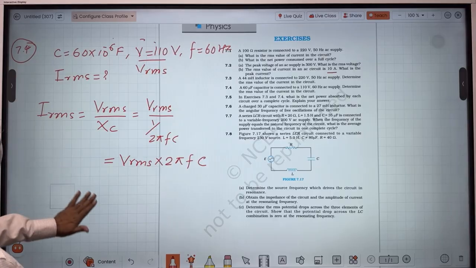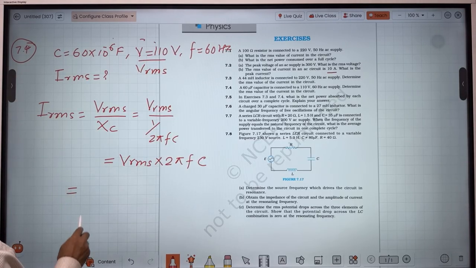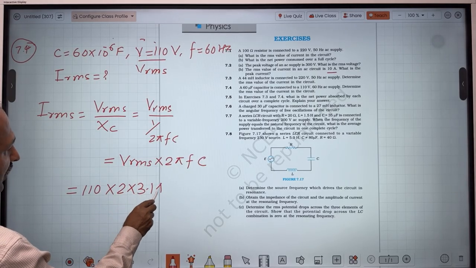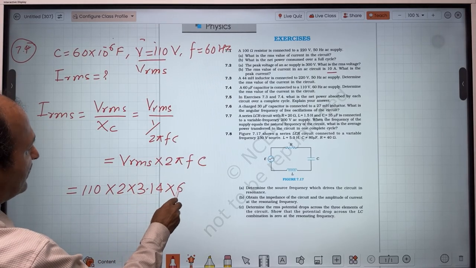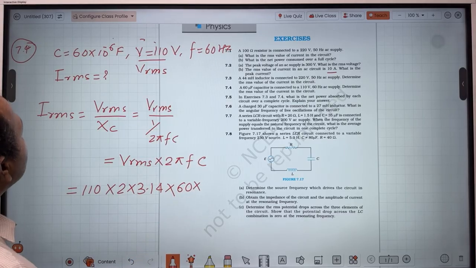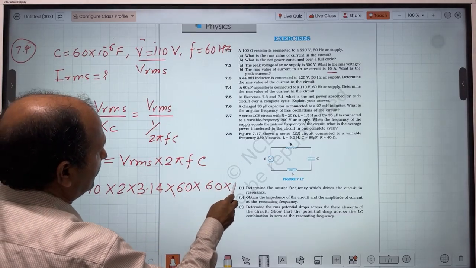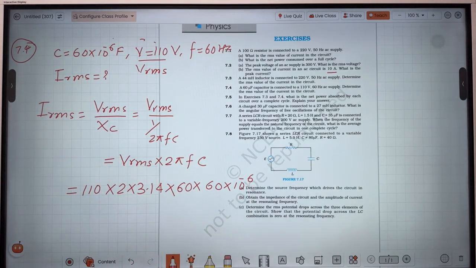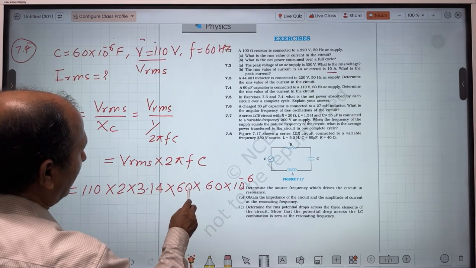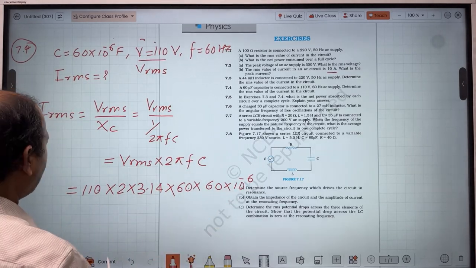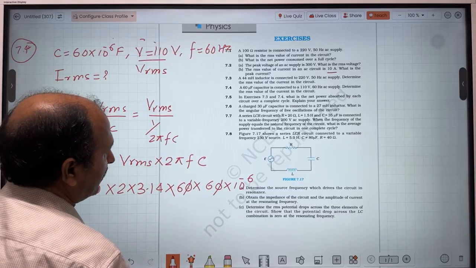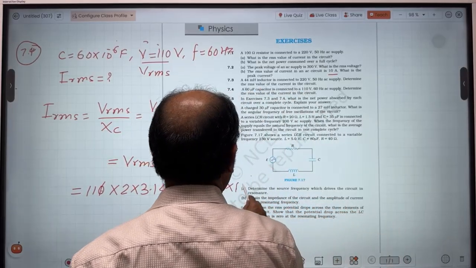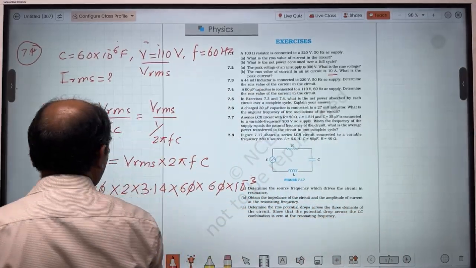Let's put the values. V RMS is 110 into 2 into 3.14 into frequency, which is given as 60, and the value of capacitance is 60 into 10 to the power minus 6. Let's simplify. So here 1, 2, 3 zeros will cancel out, this 0, this 0, this 0. Then this will become 10 to the power minus 3, right?